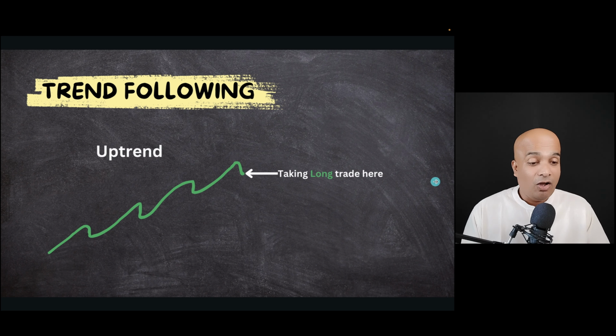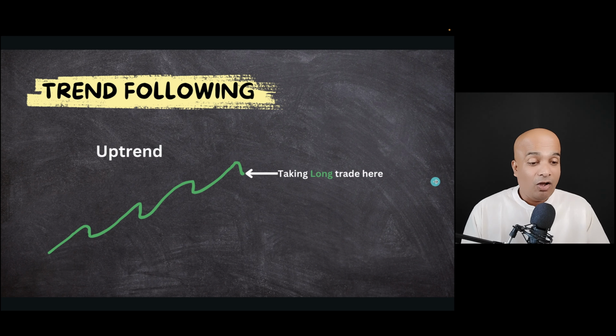Now, what is trend reversal? Taking a trade in the opposite direction of the trend to make more profit from each trade can be recognized as trend reversal. This strategy aims to profit from a change in the direction of a market trend.